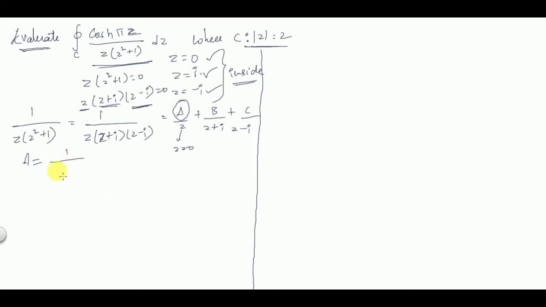So it is 1 by i into minus i, so it will be 1 by minus i square, so 1 by minus of minus 1, so 1 by 1, which is equal to 1.